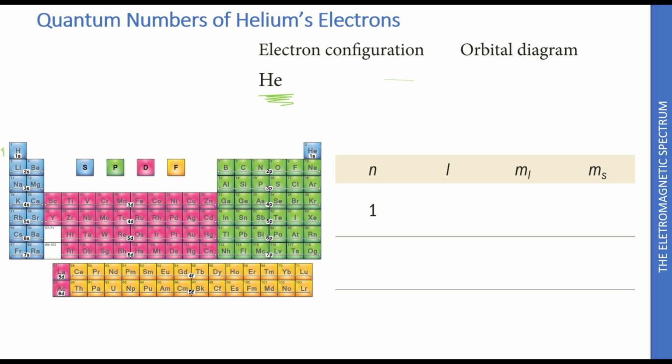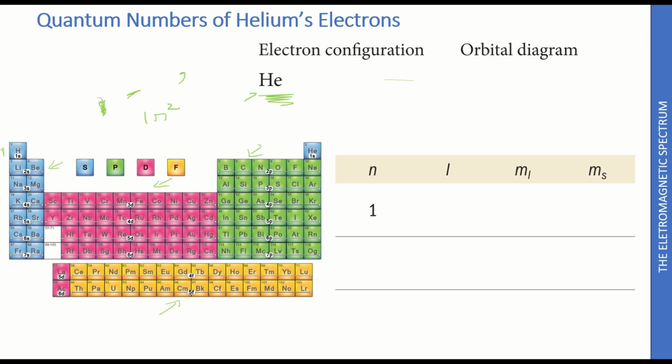We have block S in the periodic table, block D, block P, and block F. In this block S, we have 2 elements in the first level of energy. So I have a 1. The first level only has, if it's 1, only sublevel S, right? These are the blocks that we have over here, right? So we have 1s, and since we have 2 electrons, it will be 2.